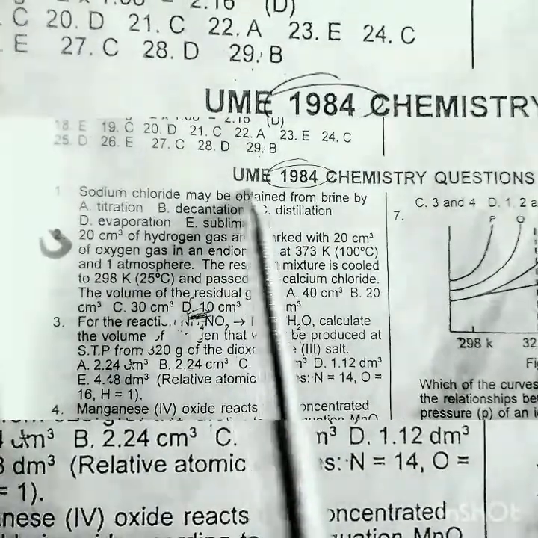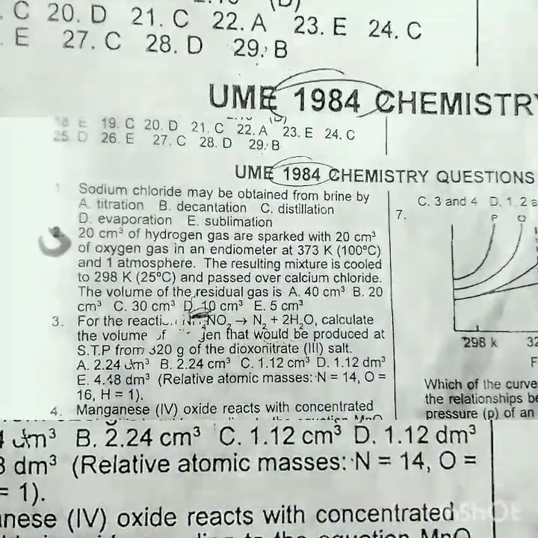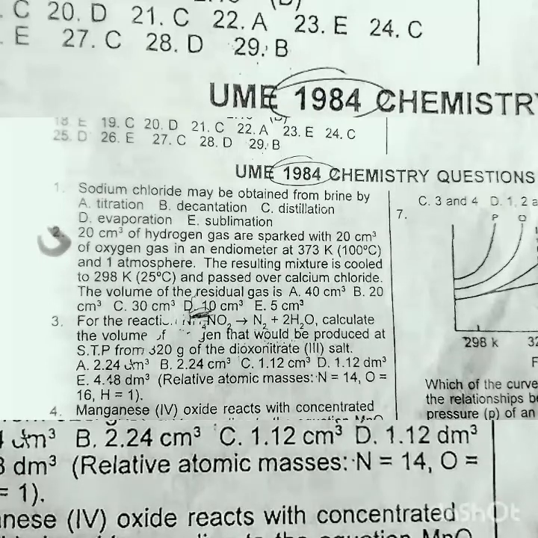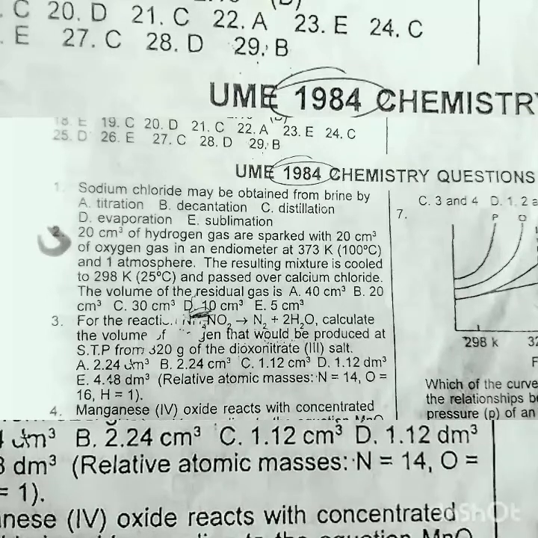We have UME 1984 question number 2. The question says that 20 cm cube of hydrogen gas is packed with 20 cm cube of oxygen gas in an endothermic at 373 Kelvin, 100 degrees Celsius, and 1 atmosphere.